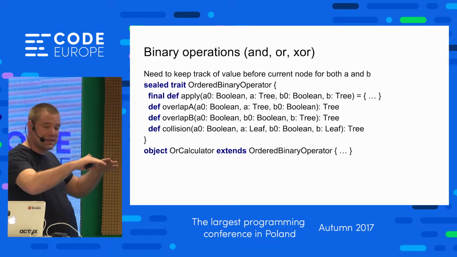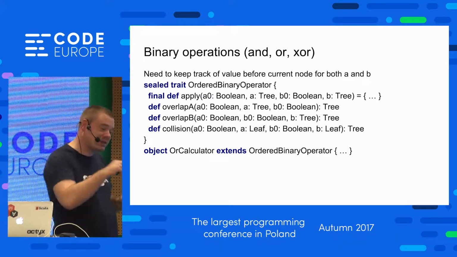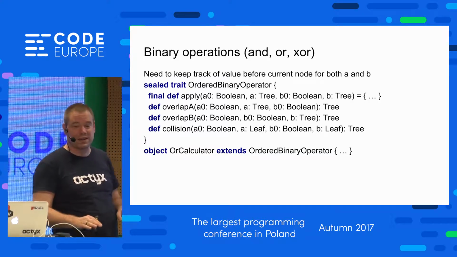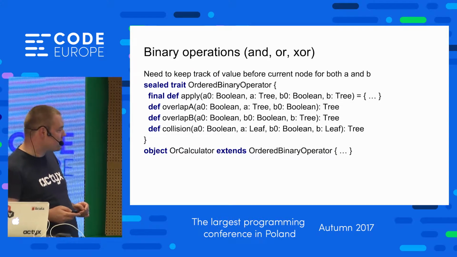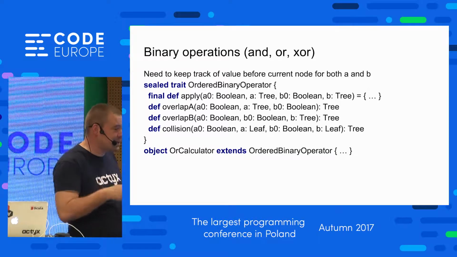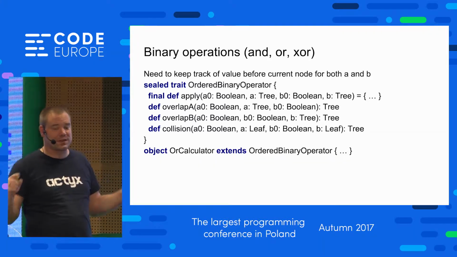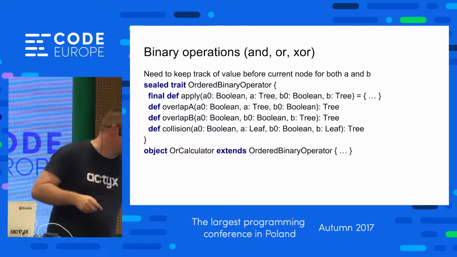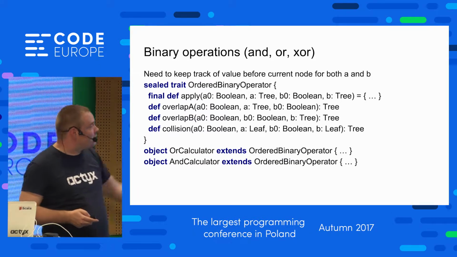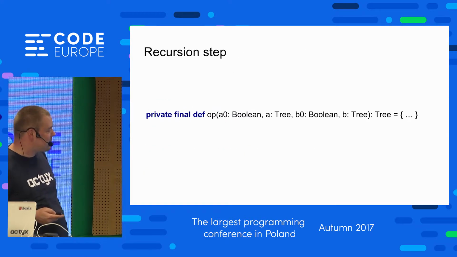So if you have a very complex tree on one side, but the other side is constant at that time, you can reuse the entire tree without even touching it, without even looking at it. The only place where you sometimes have to actually look at the leaf values is if you have a collision, meaning you have two leaves which have the exact same value, and then you need to figure out some bit twiddling basically. And all the binary operations are structured in the same way.